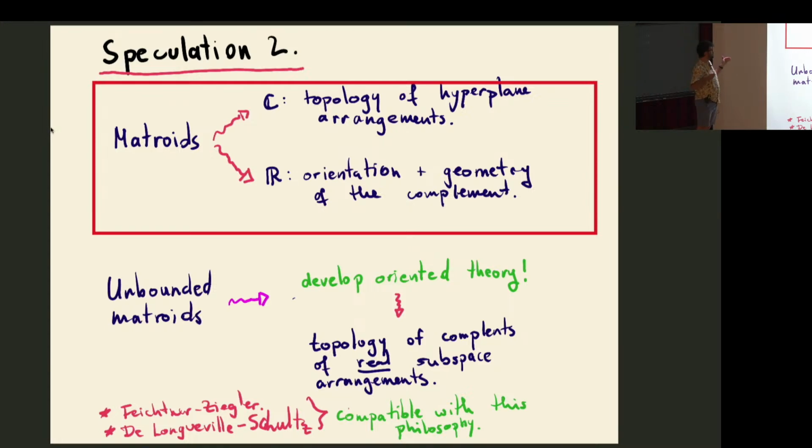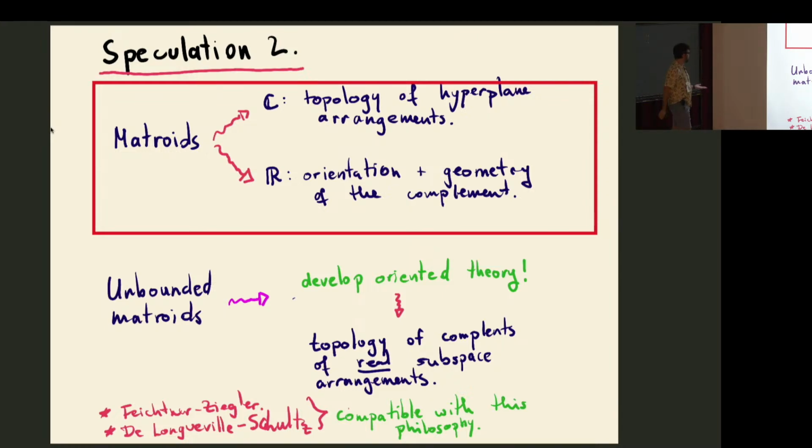If anybody's interested in oriented matroid theory, there's a very nice theorem of de Longueville and Schultz saying that if you want the classical theorems of, for example, the topology of the complement of the hyperplane arrangement, the ways in which we place subspaces in the large dimensional R^n come with some natural signs from orienting the subspaces.